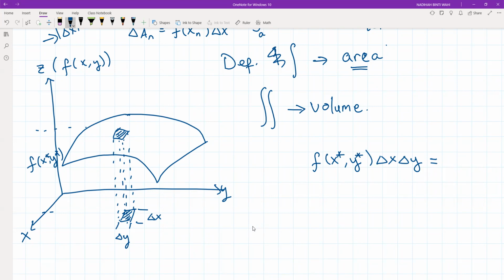Volume, right? Because volume is base area times height. Same thing. This is the height, h, and this is the base area.